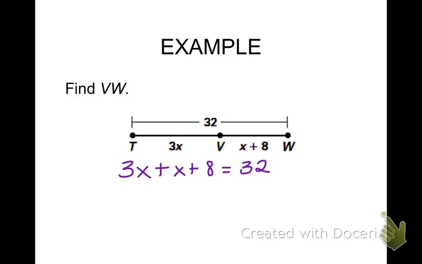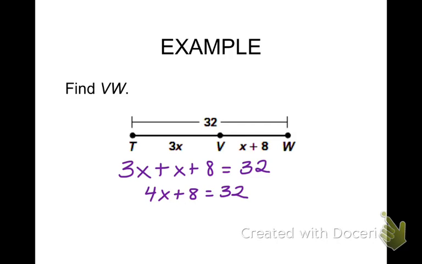All right? And you've all passed Algebra 1, so we should be able to solve this equation. Combine your like terms. 3x plus 1x makes us have 4x plus 8 equals 32.